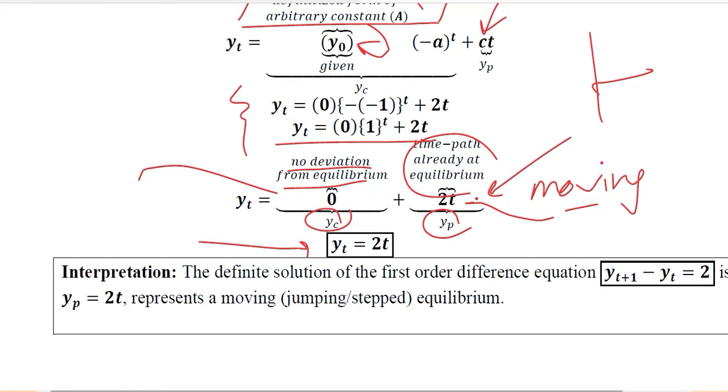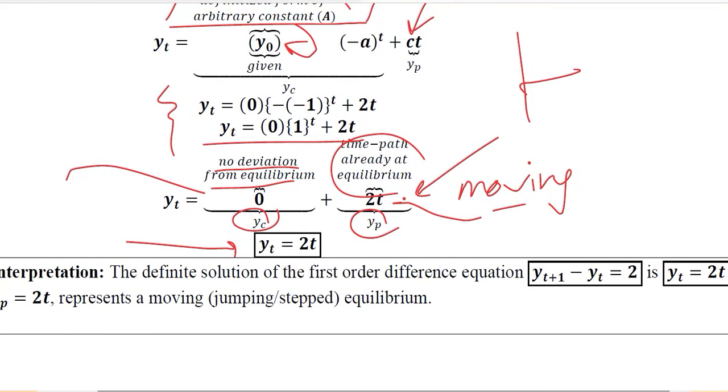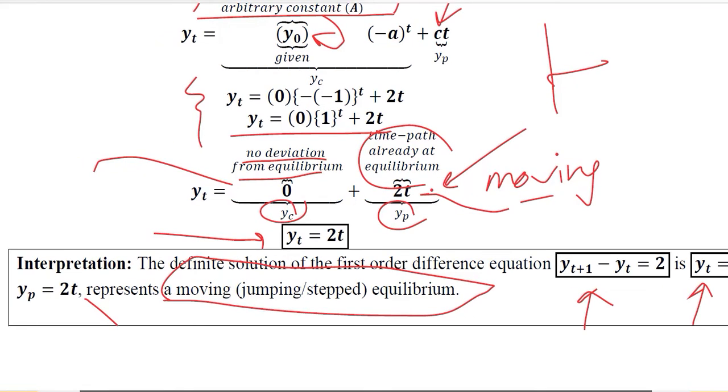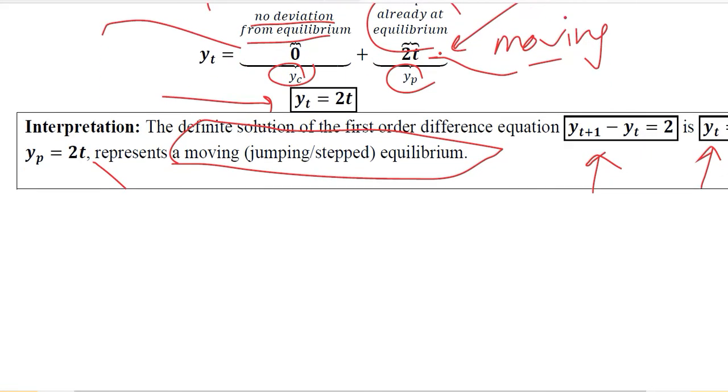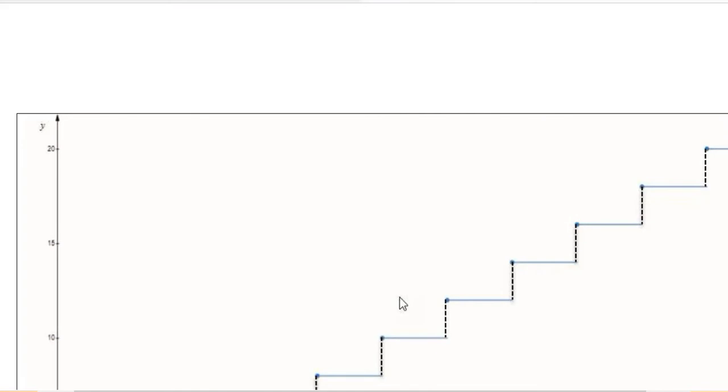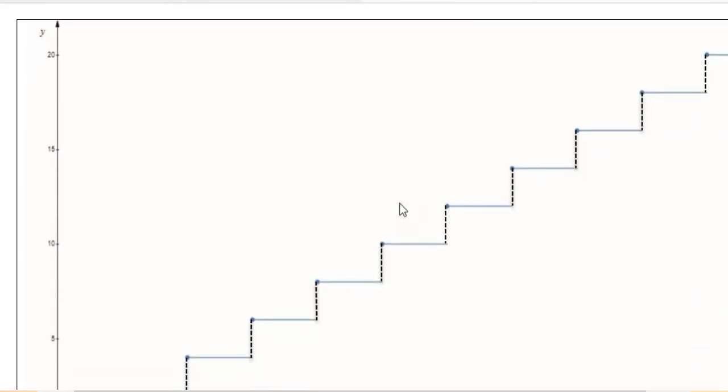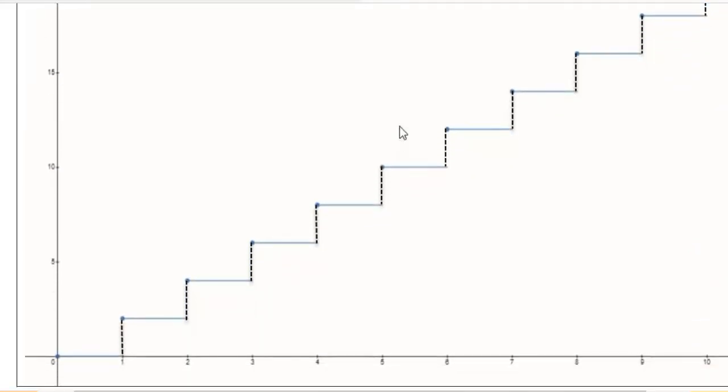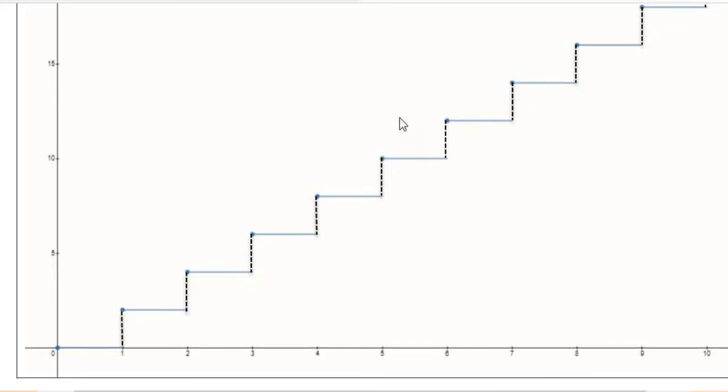So we have this solution of this given difference equation. It represents a moving or a jumped or stepped equilibrium. You will see that we will have a jumped or stepped sort of equilibrium in this case. In this diagram you will see the diagram is showing a jump pattern because the value of equilibrium is 2t.